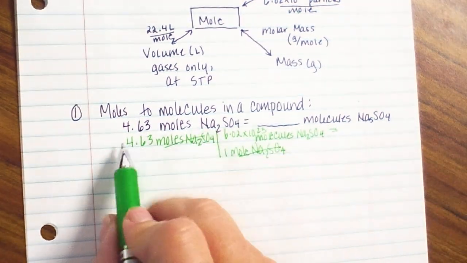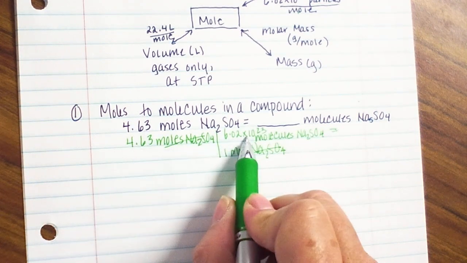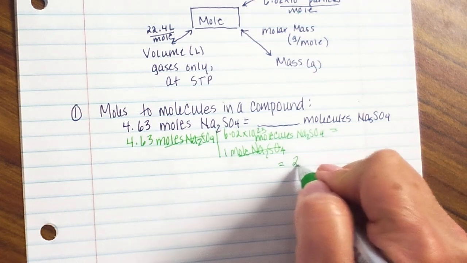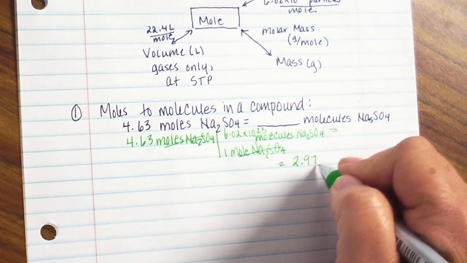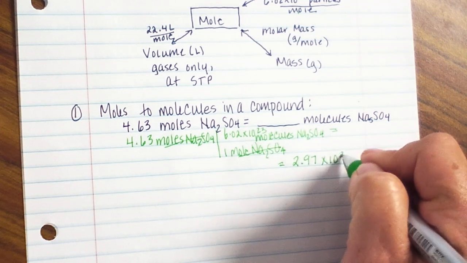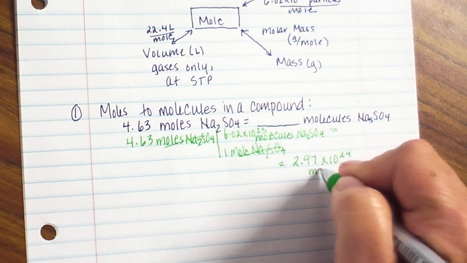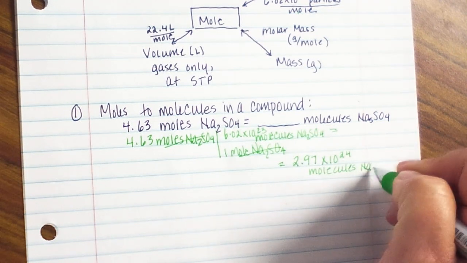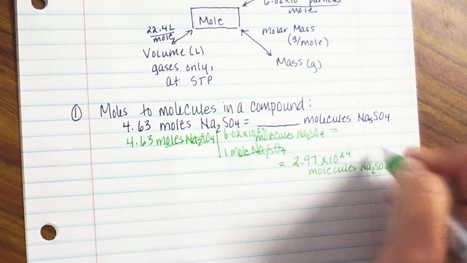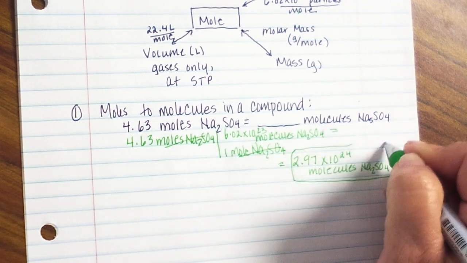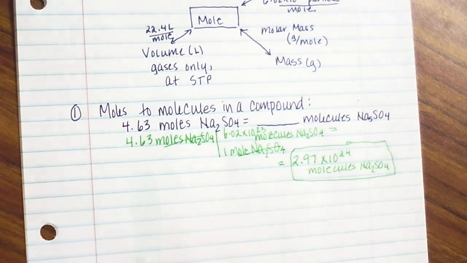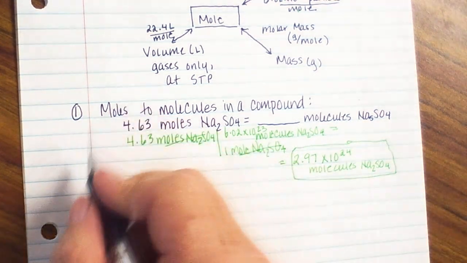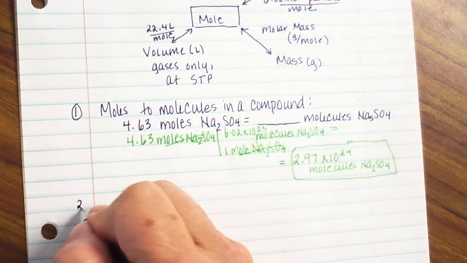And when I run my calculation of 4.63 times 6.02 times 10 to the 23rd, I get 2.97 times 10 to the 24th molecules of sodium sulfate. My 3 sig figs match my 3 sig figs here. So that wasn't real challenging because we've had problems like that before.